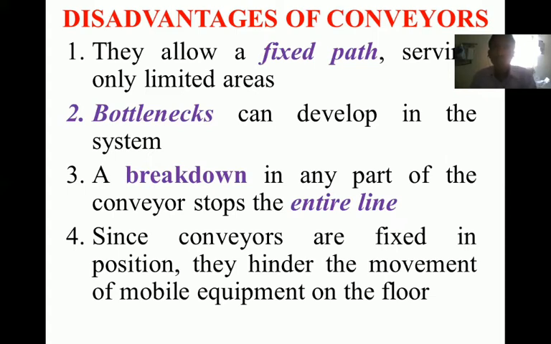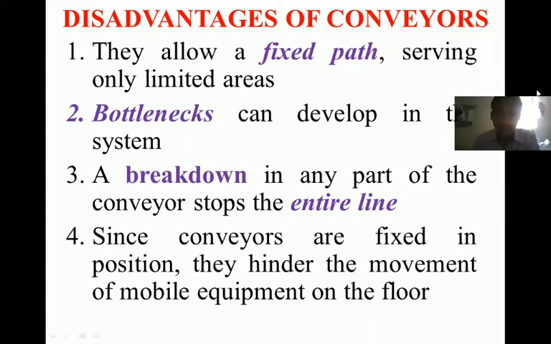Next, there are certain disadvantages also. This type of conveyor can be operated only along a fixed path. This is one of the main disadvantages. Once we fix the conveyor, we can use it in that particular space only, that particular line only.